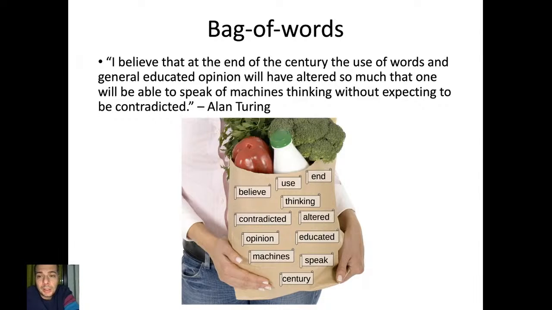So in this case, for example, if we want to do document retrieval, perhaps the most popular application of the bag of words is in document retrieval. So we want, for example, to use it in Google search.